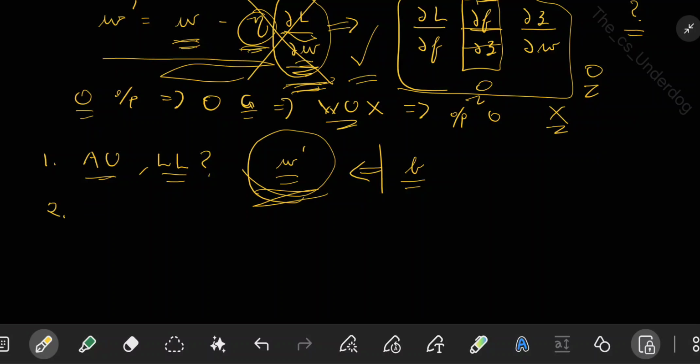The second scenario is, what if before starting the training you made a wrong initialization? If your initialization is wrong, then initially you have to pick one particular value for weight and one particular value for bias. This is how your learning starts. Before your learning starts, you have to say maybe my weight is equal to 0.001 and my bias is equal to 0.01. Something like this.